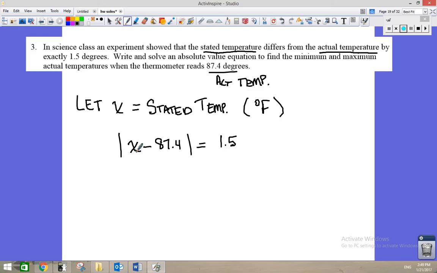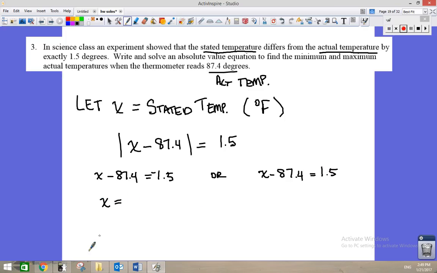So usually when we state the temperature, when we guess at what it is, we're either 1.5 degrees below what the actual temperature is, or 1.5 degrees above what the actual temperature is. So let's solve this equation and look at a number line and see if that makes sense. So we've got the absolute value of x minus 87.4 is equal to 1.5, or that x minus 87.4 is equal to, let's make this one negative and this one positive.